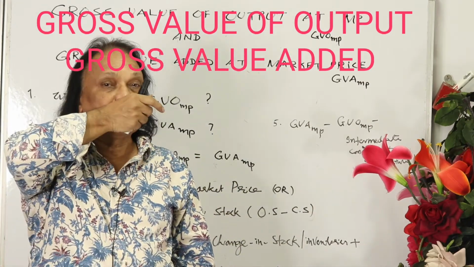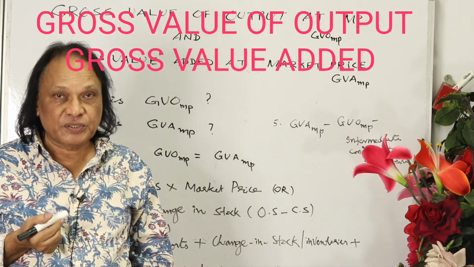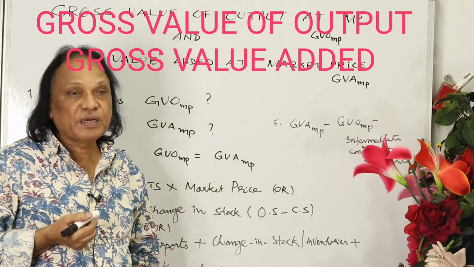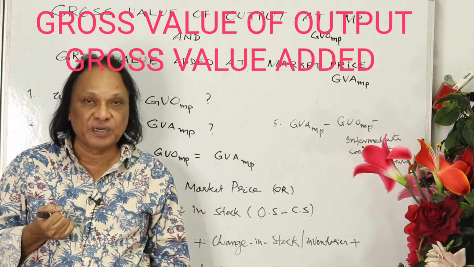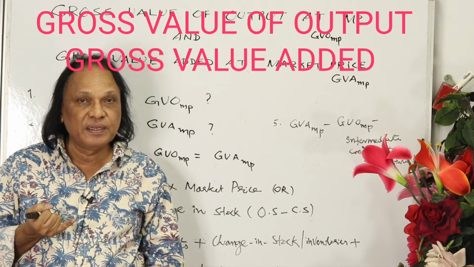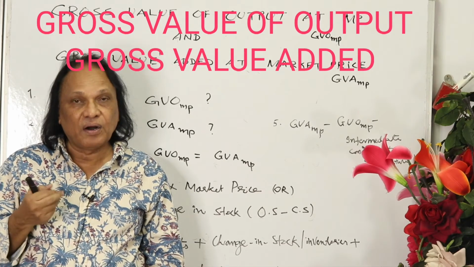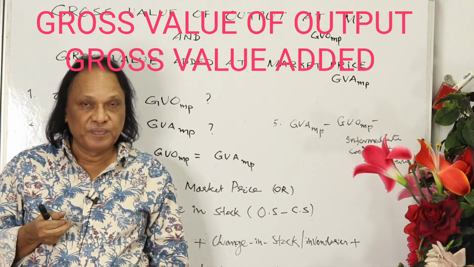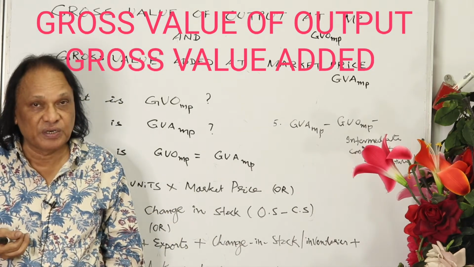We already learned in the beginning of macroeconomics, to produce any commodity, the producer needs 4 factors of production. We call them primary inputs: land, labor, capital, and entrepreneurship. We discussed already, without this you just can't do any production.